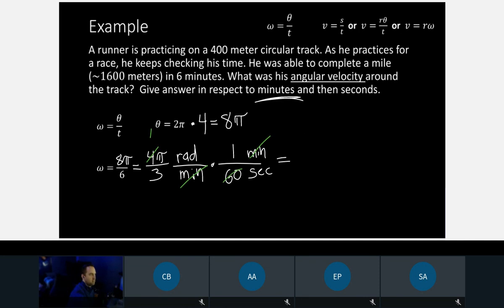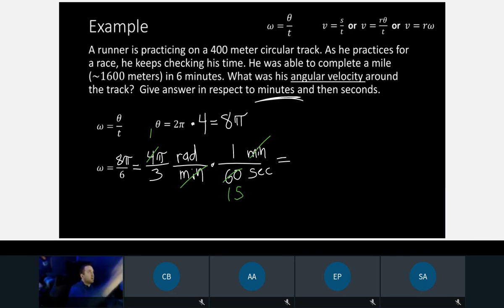What is it? 15 times? Yeah, it's 15. I don't know why I'm having trouble with that. Everyone agree with that? It's 15? Okay, good. Yeah, so I just reduced the 4 and the 60 to get 15.